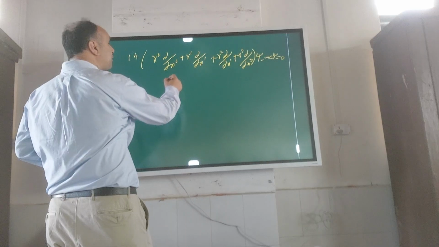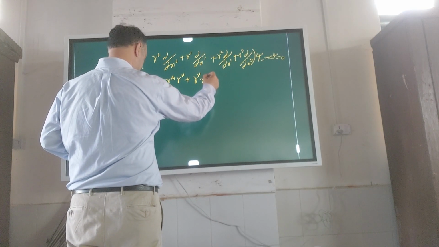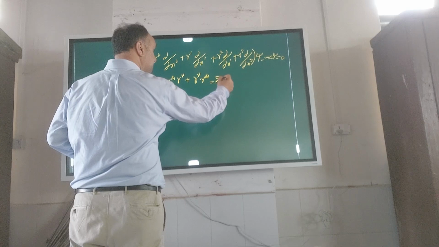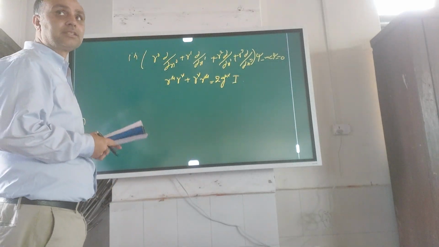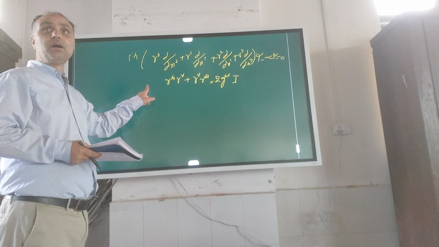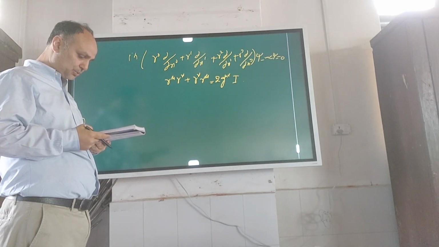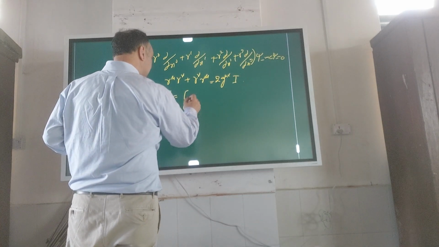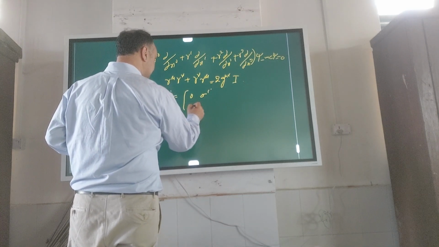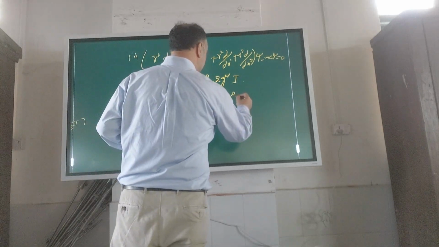Now again we are using Clifford algebra here. You can just show it. Where gamma i can be written like this, and gamma 0 is equal to beta.